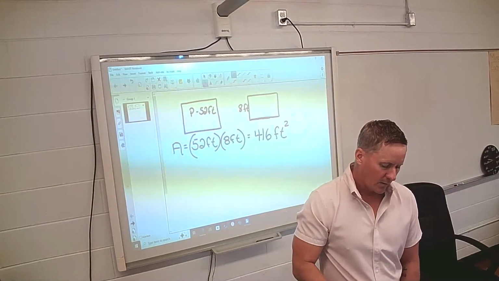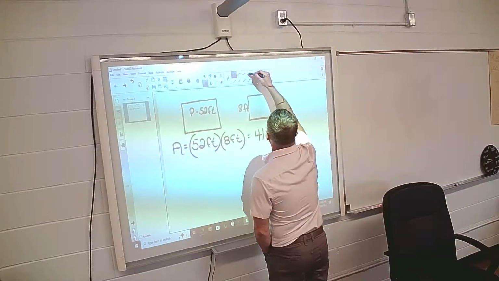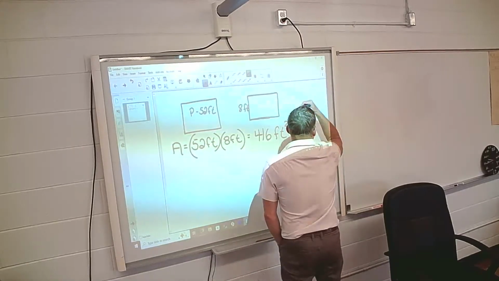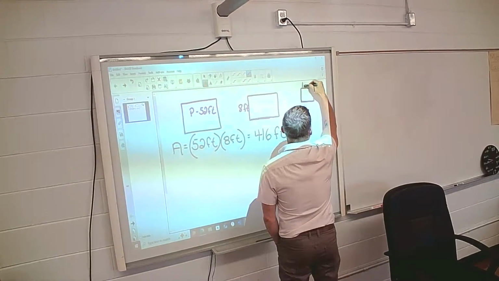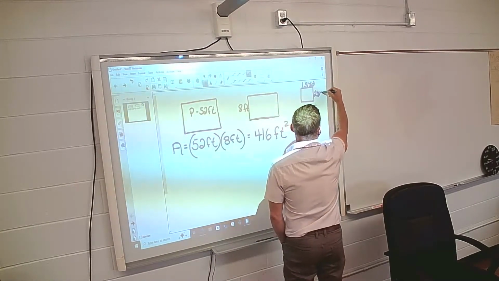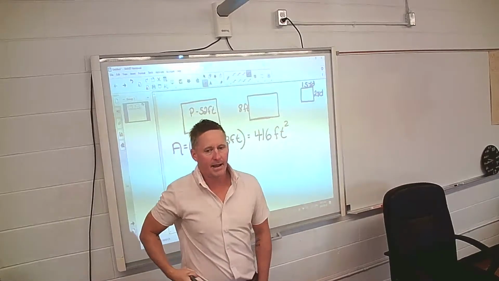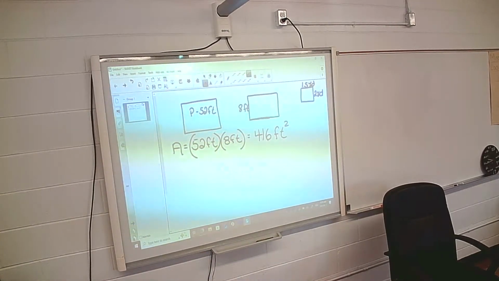So starting with the window, it is 1.5 by 2 yards. So 1.5 yards by 2 yards. All right, now what's the issue that we have here?